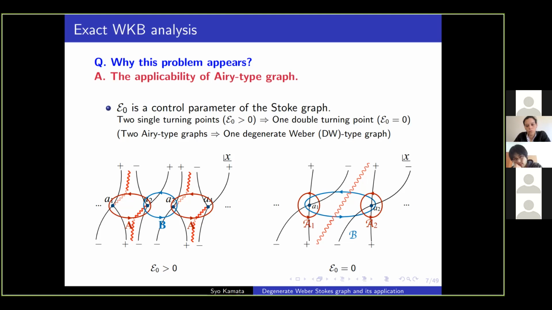It seems that ARA type is sort of generic. So why not choose just the ARA type? Yeah, by appropriately choosing energy value, generically we get ARA type, right? It seems so to me.